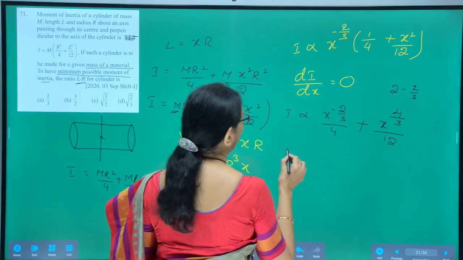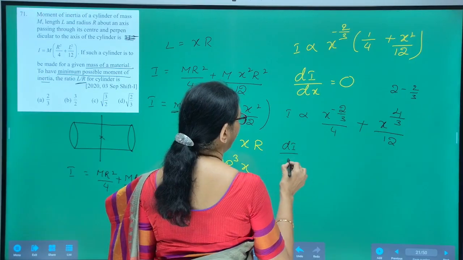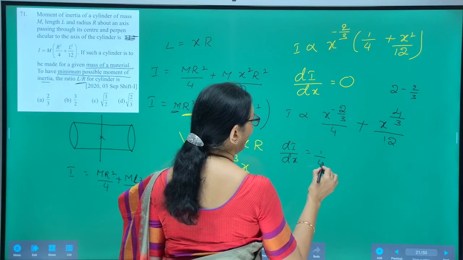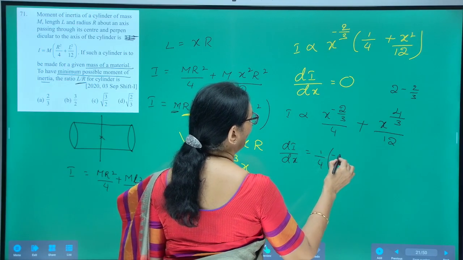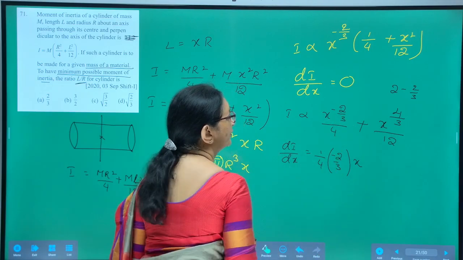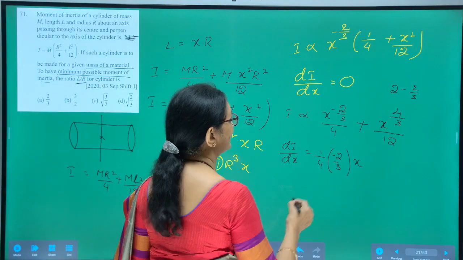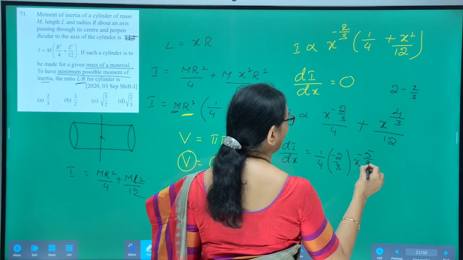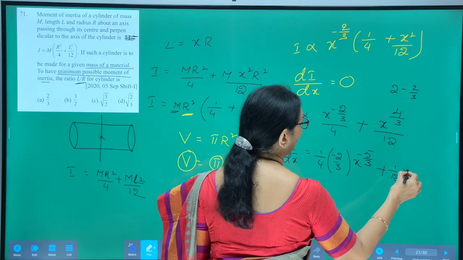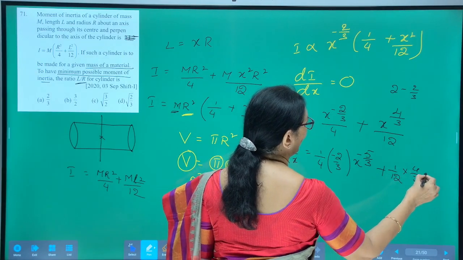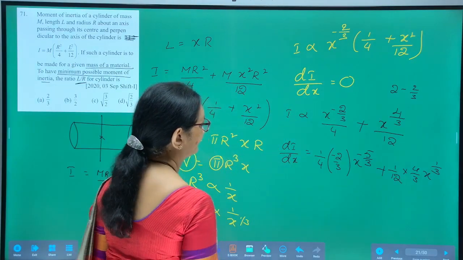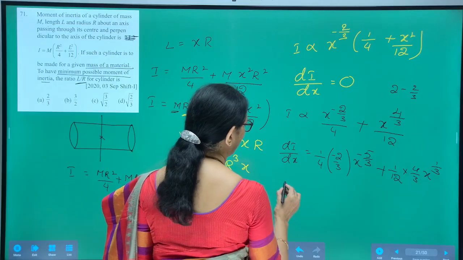So, dI by dx is equal to, if you differentiate this with respect to x, 1 by 4 into minus 2 by 3 into x to the power of minus 2 by 3 minus 1, which becomes minus 5 by 3, plus 1 by 12, the derivative of x to the power of 4 by 3, which is 4 by 3 times x to the power of 1 by 3. This is equal to 0.